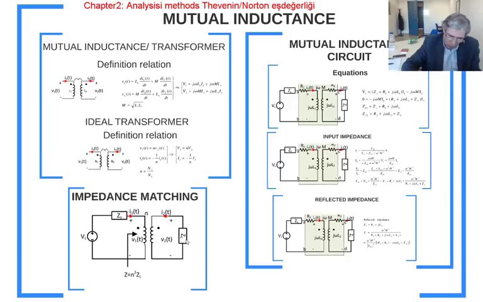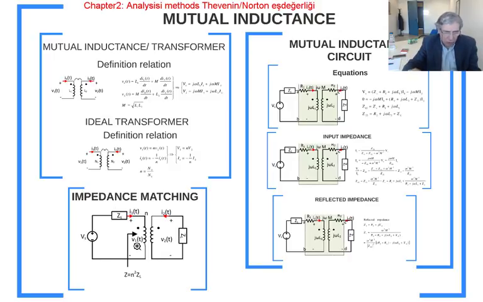Therefore, there is going to be loss. If you put an ideal transformer like that in between, then you could do this transformation. Then maximum power is transferred to the load. So this is the most common usage of the transformer in electronics.